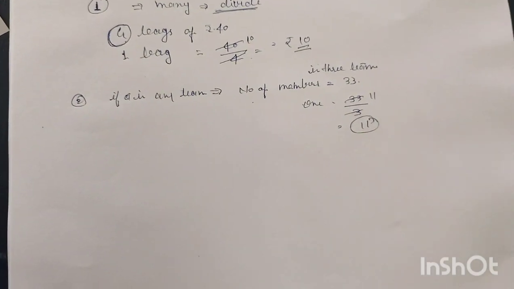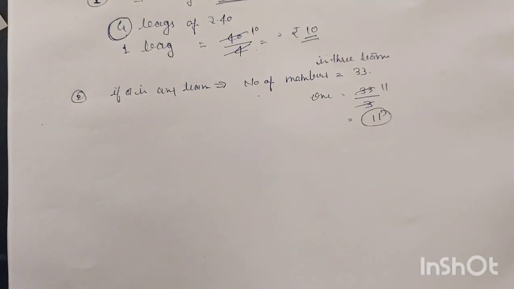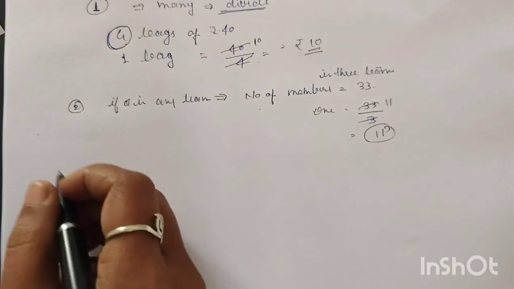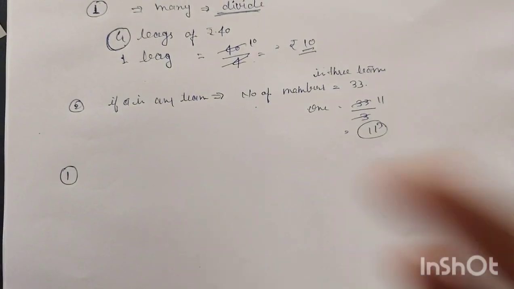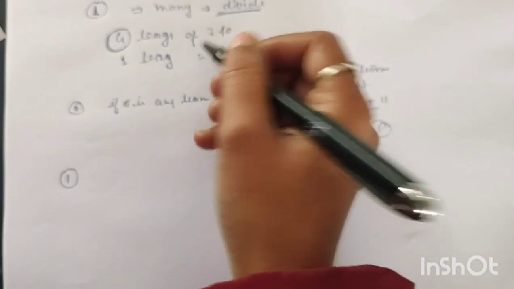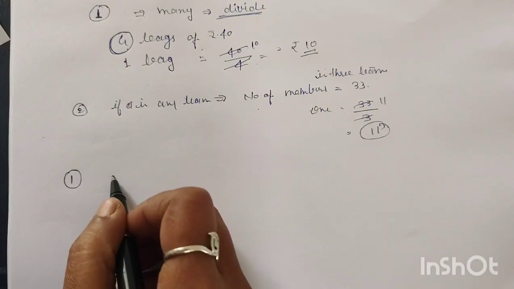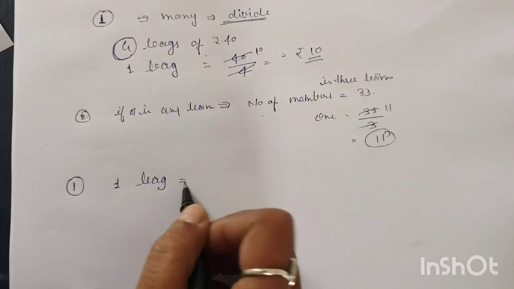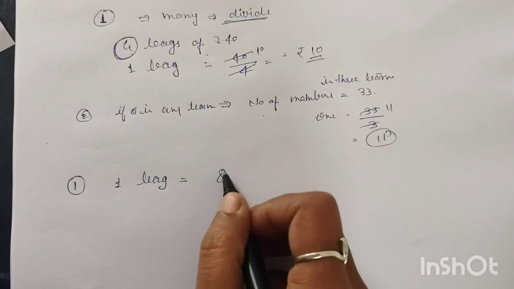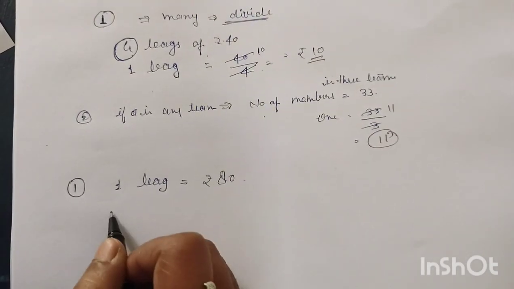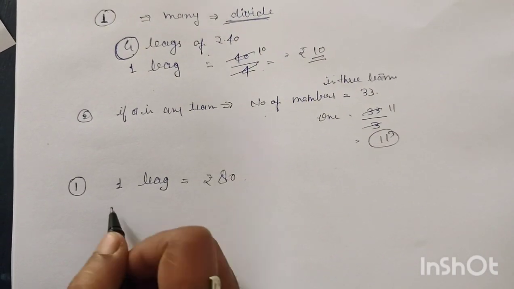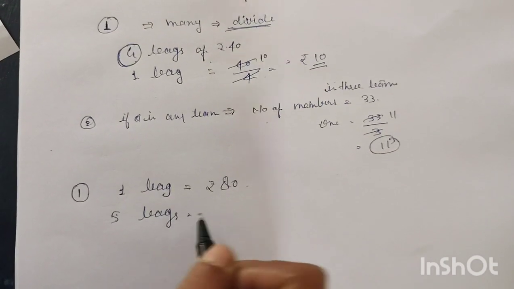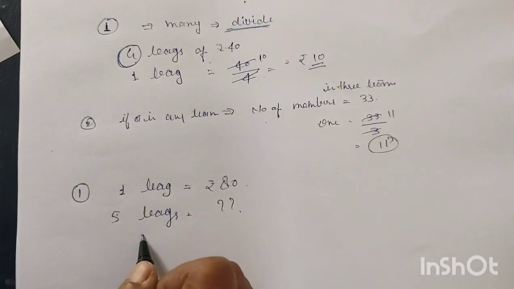And the second point is saying, to find the value of many when we have the value of 1, we multiply, just the opposite of this. Let's take another example, we can continue this same example. We are having a bag, which is 1 bag, whose cost is 80 rupees, right? And we have to find the cost of 5 such bags.